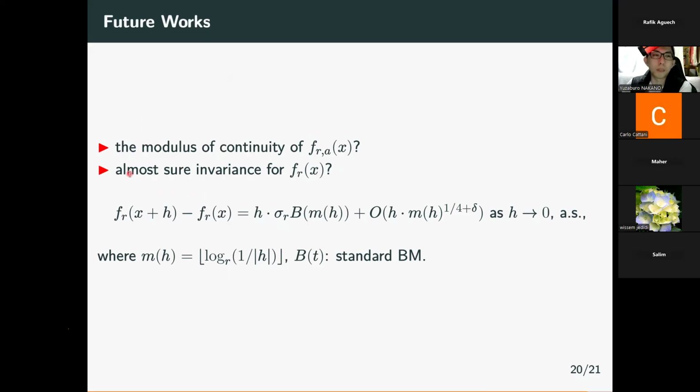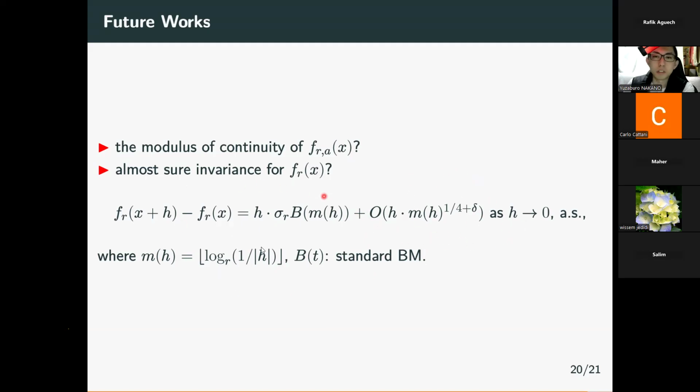And also, I am wondering whether we can prove a stronger result, such as almost sure invariance principles for FR. That means the increments of FR are approximated by h times sigma R, some coefficients, and Brownian motion at time mh, where mh is defined by this, plus some error term.